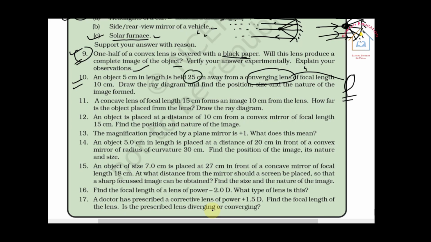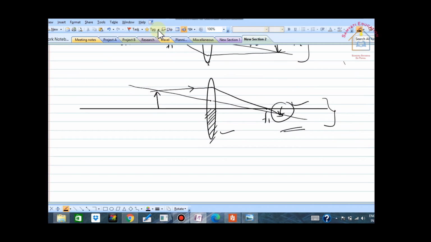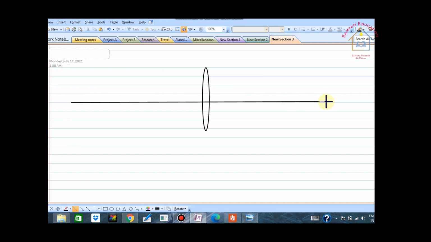Focal length is 25 centimeter, and we have to put the object in front of the lens. New page. Here is a convex lens of focal length 25 centimeter, f1, f2, sorry 2f1.